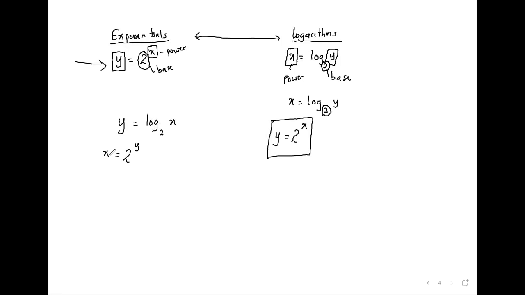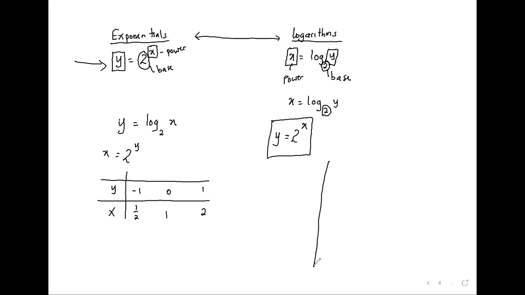X is now your function. So in sketching, you will say, I have y now, it's given, and I'm looking for x. So if y is -1, then x will be half. If y is 0, then x will be 1. If y is 1, then x will be 2.